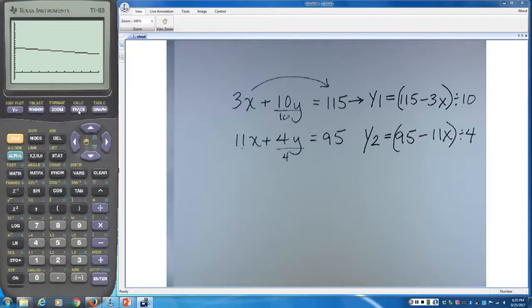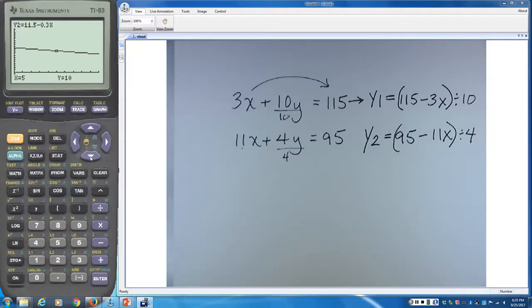And the way you know that is if you hit your trace button, notice that this says it's on the first equation. But if I hit my down arrow button, it says, well, now I'm on the second equation. And the reason for that is because the first equation and the second equation are in just 2 different forms of the same line. Okay?